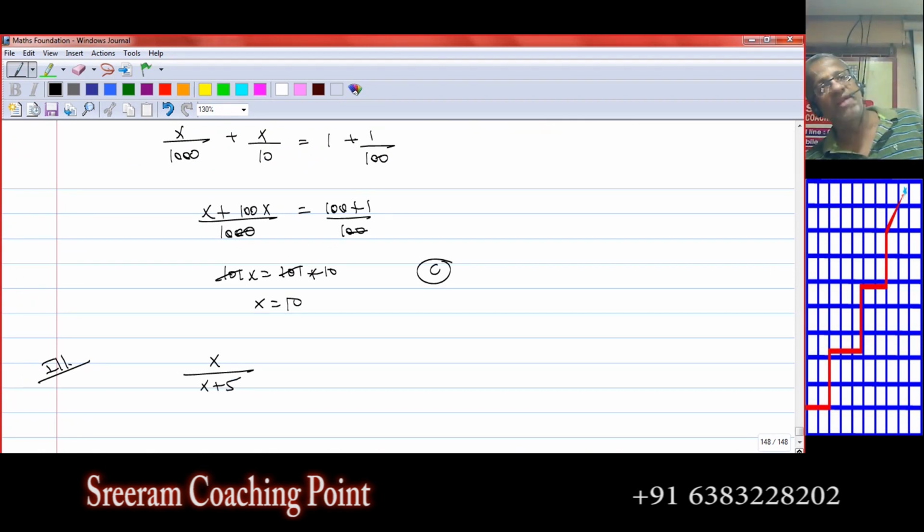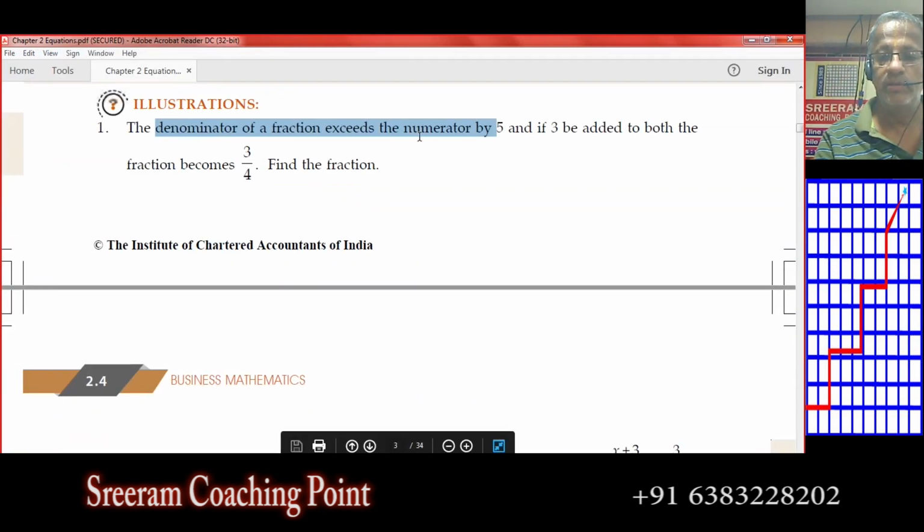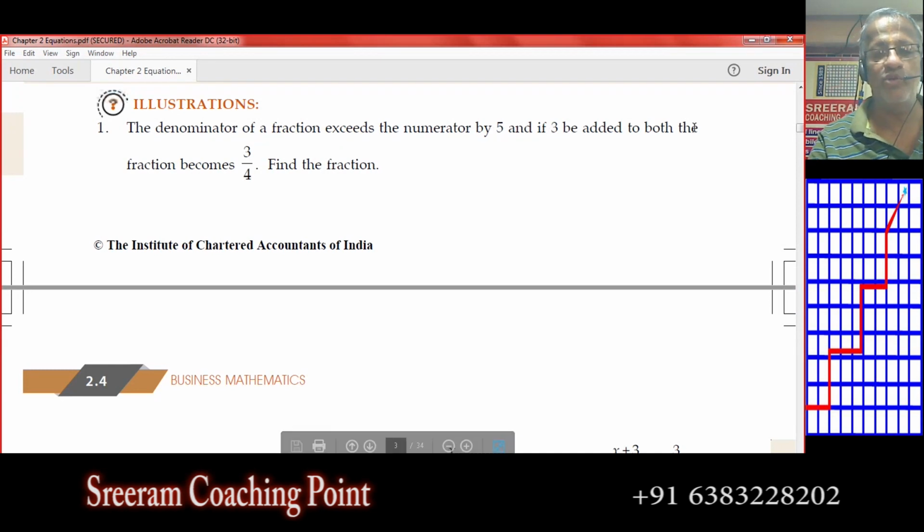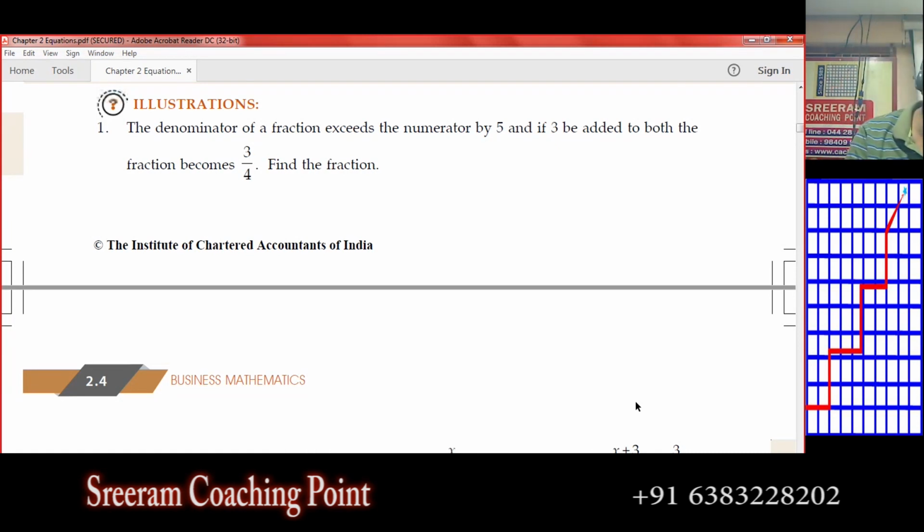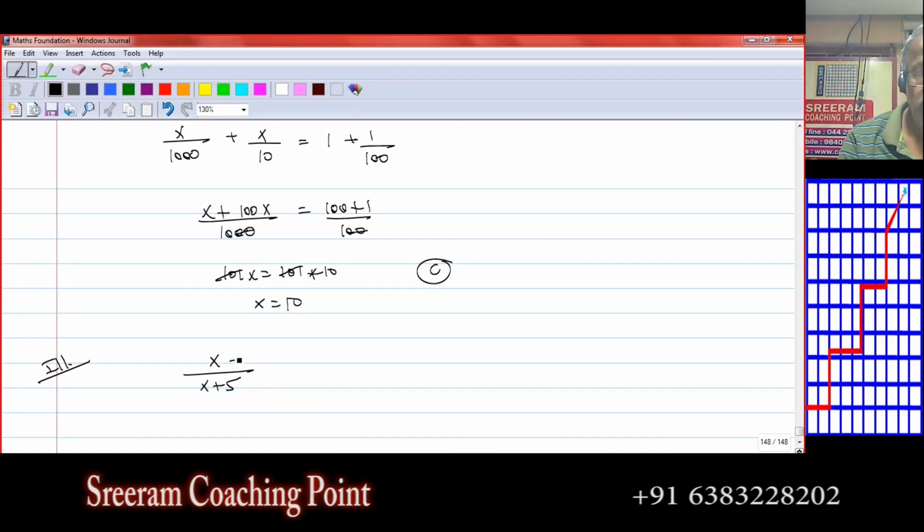So x divided by x plus 5. And if 3 be added to both, meaning both numerator and the denominator, then that fraction becomes 3 by 4. So (x + 3)/(x + 5 + 3) equal to 3 by 4. Correct? All of you?